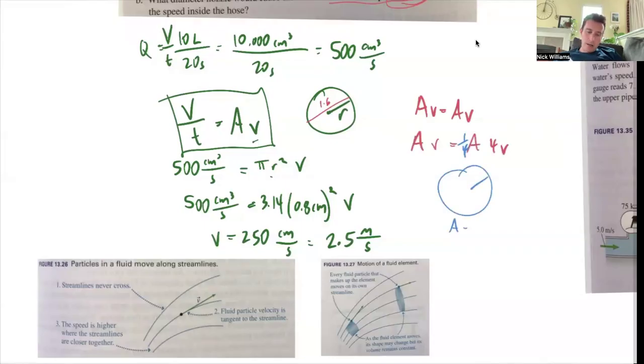I know that area is equal to pi r squared, so 1/4 pi r squared. I need the value in front of r here to be 1/2 of the radius, because 1/2 squared gives me 1/4. So I'm going to go with half of the radius, and that means half the diameter.